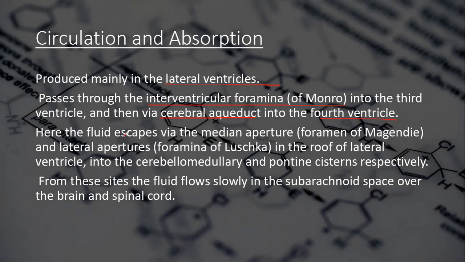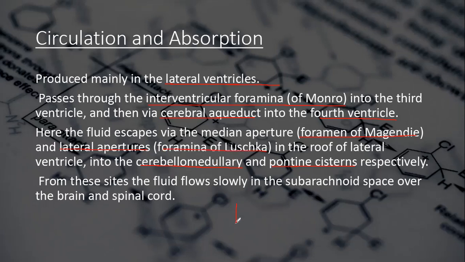From the fourth ventricle, it will escape into the cerebellomedullary cistern or the cisterna magna via the foramen of Magendie or the median aperture, and also from the fourth ventricle it can enter the pontine cistern via the lateral apertures of Luschka or the foramina of Luschka.